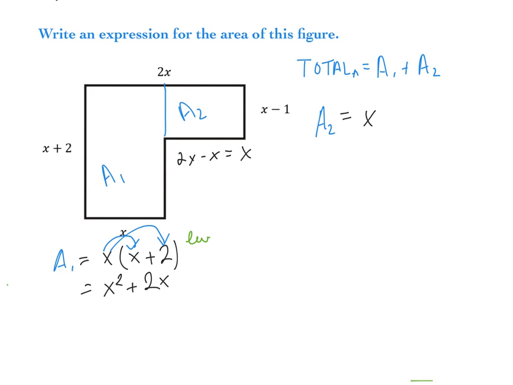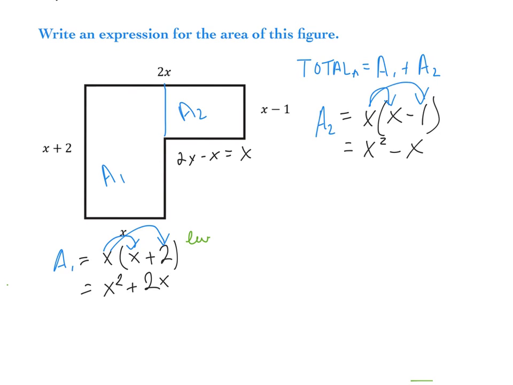And then the width we'll say is x minus 1. And we get that from over here. So again, I'm going to use the distributive property, so x times x and x times negative 1. And doing that, I'm going to get x squared minus x.